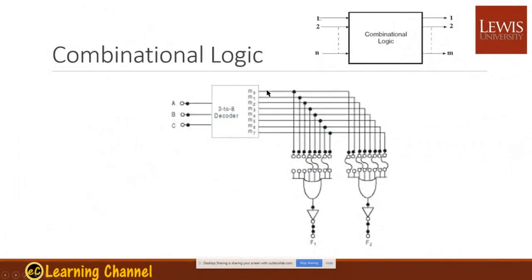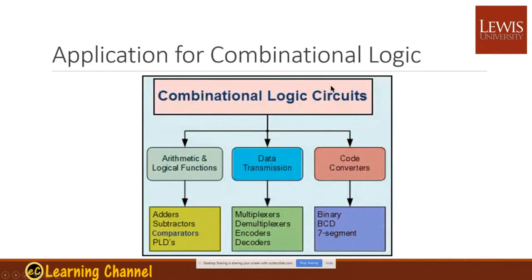So in the early days, combinational logic is like this. You have N bits in, you have N bits out, and you design logic in there. It's not programmable. And nowadays, combinational logic is still used in adders, subtractors, PLDs, data transmission, and encoder and decoder design. And you have the 7-segment BCD.